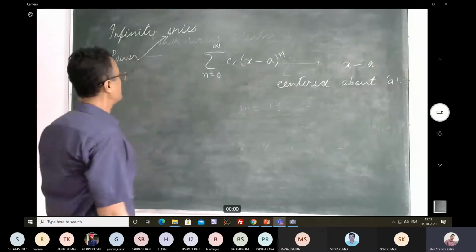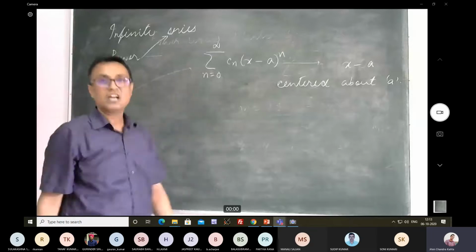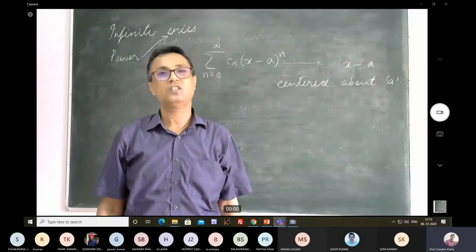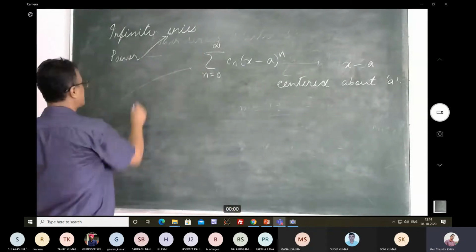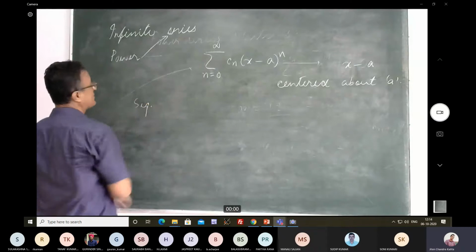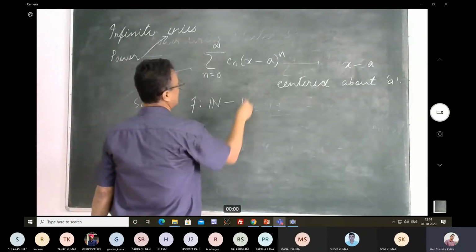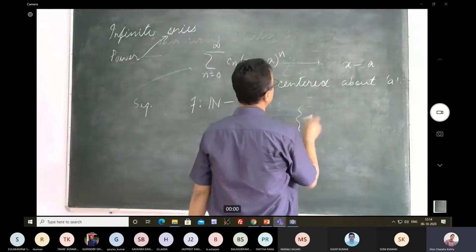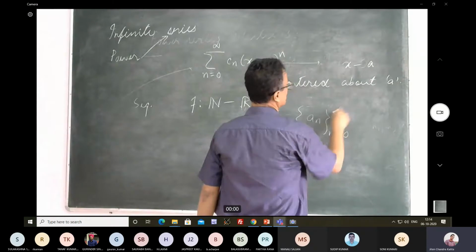Whenever we talk about the convergence of an infinite series, before that we have to talk about a sequence. A sequence is nothing but a function from the set of natural numbers to the set of real numbers. We denote a sequence as something like this, n equal to 0 to infinity.